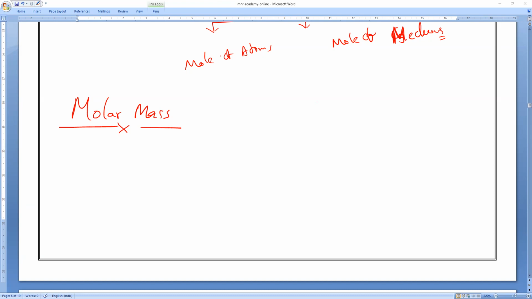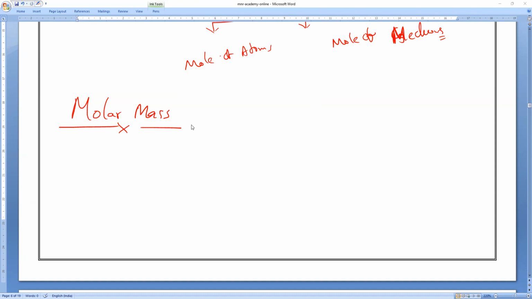That is what we call molar mass. Nothing else is there. Exactly, we will convert the molecular mass into molar mass by replacing the U with the G. That's all. The atomic mass unit, here G is grams.